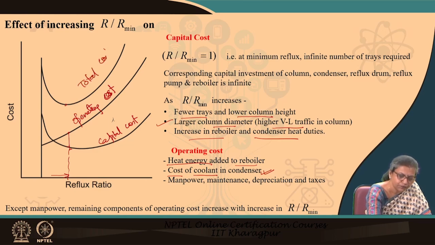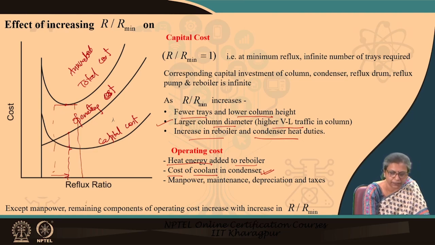We find that with increase in reflux ratio, the total cost of the column, usually expressed as the annualized total cost, and you will come to know what an annualized total cost means in the next class, initially decreases, comes to a minimum, and then increases. So over this particular range, the column can be operated at the minimum cost, and this corresponds to the optimum reflux ratio.